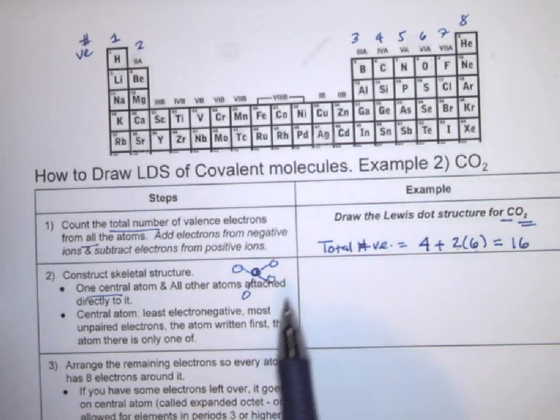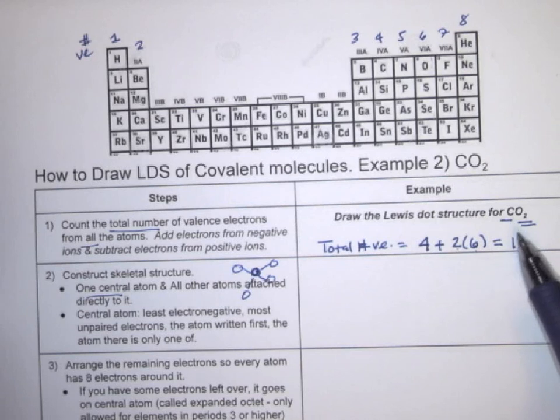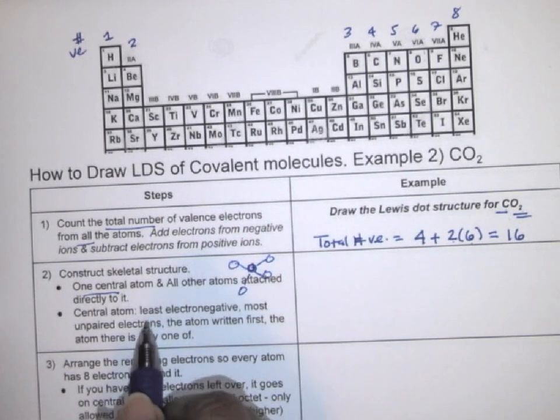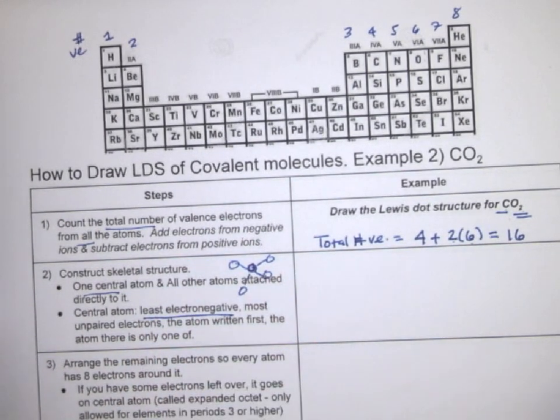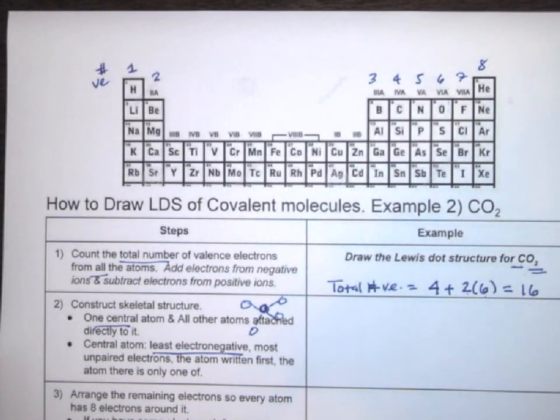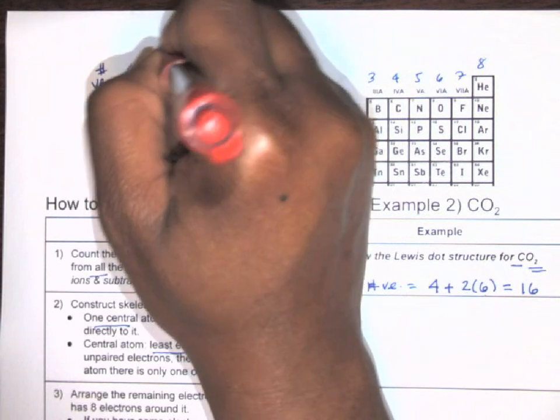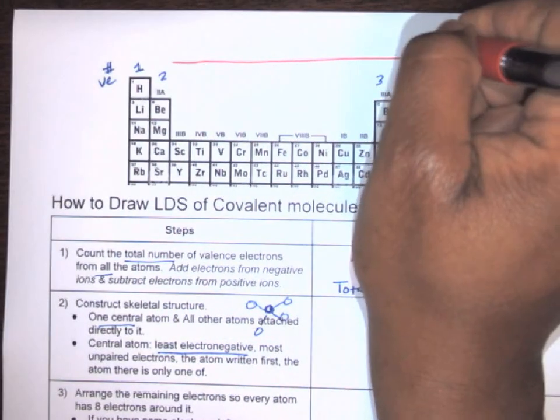So what we need to do in this example is we need to pick which one's going to be in the center. Is it going to be the carbon or one of the oxygens? The rule for picking which one goes in the center is the atom that's the least electronegative goes in the center. Now recall from Unit 3, electronegativity increases as you go across to the right.